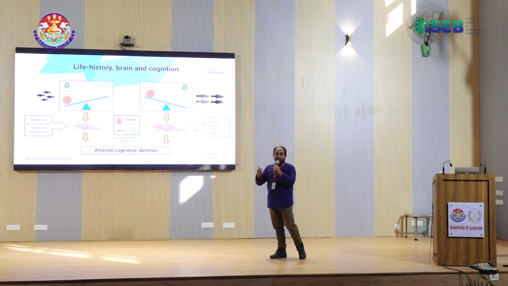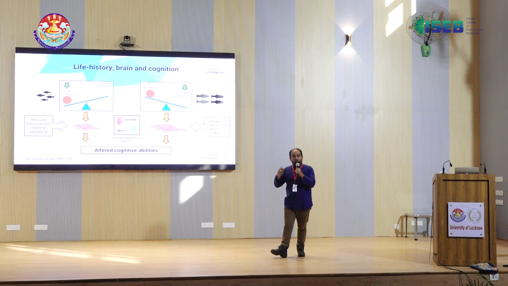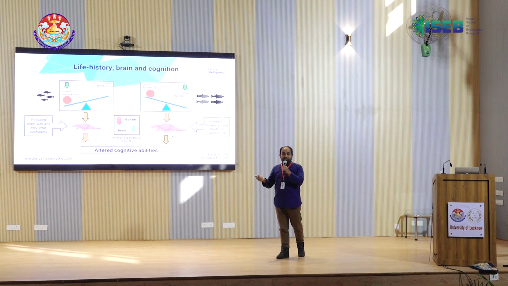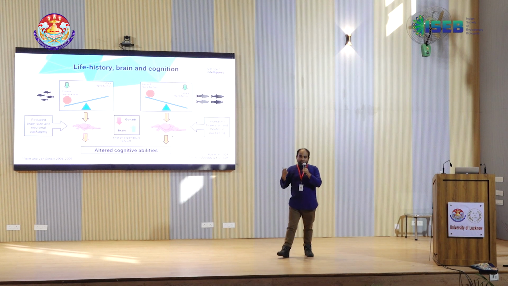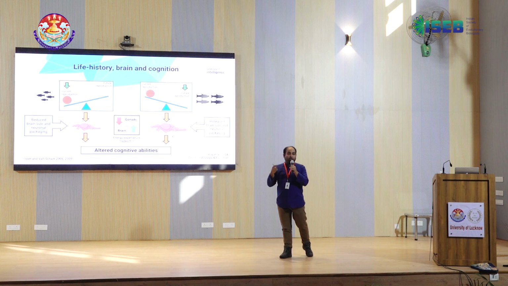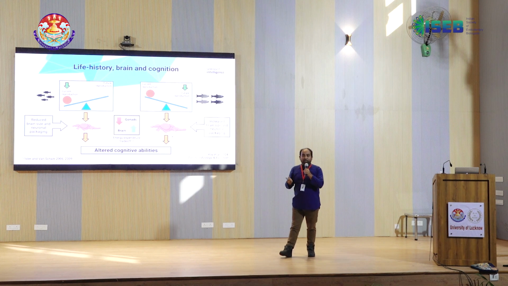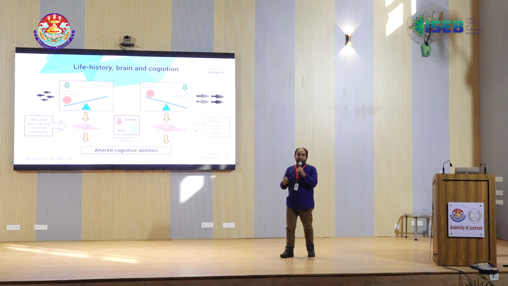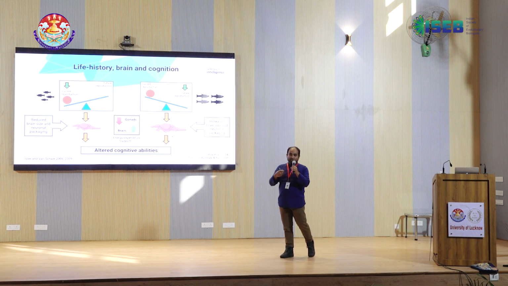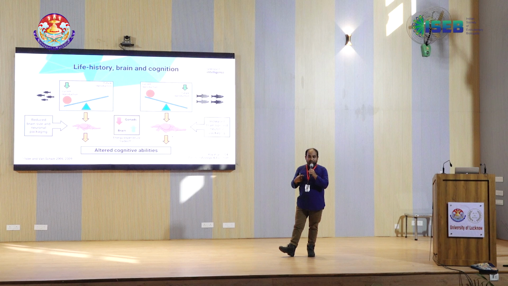So a higher energy investment into reproduction could be traded off with lower energy investment into other expensive tissues. We know that the most expensive tissue, structure, or organ in the body is the brain. So we can expect that there would be a trade-off between energy investment into these two expensive structures and processes, that is reproduction and brain.